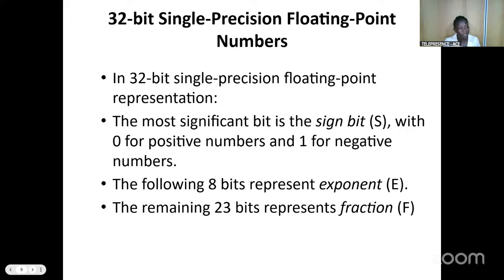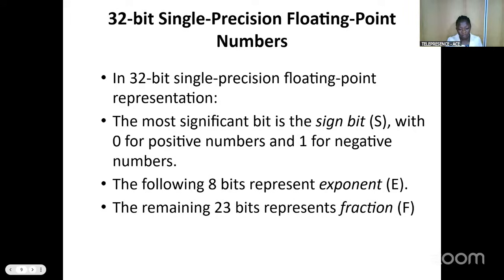So if you are given a number and the first bit is 0, it is a positive number. And if the number starts with 1, it is negative. The first bit determines whether it is 0 or 1: if it's 0, it is positive; if it's 1, it is negative.